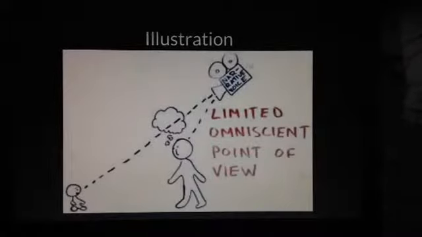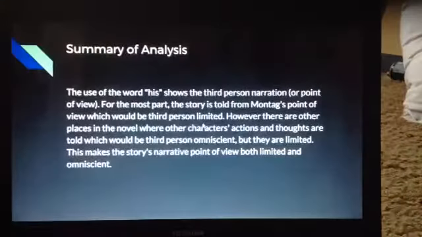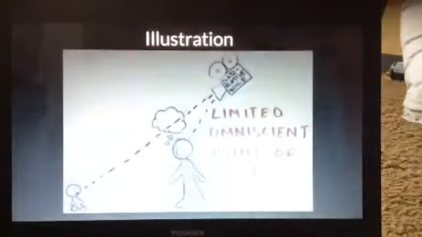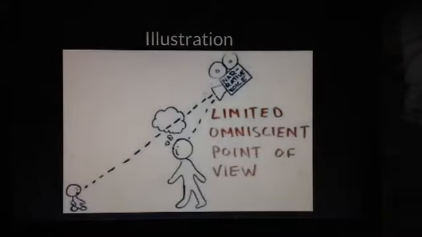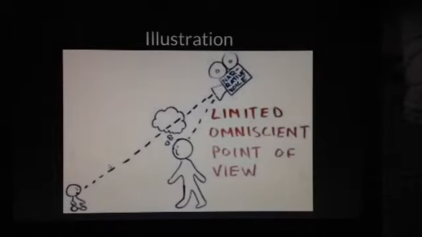So here in this illustration, this camera represents the narrator, and in some parts of the story, he only has knowledge of the thoughts and feelings of the main character or protagonist, which would be Montag in this book, while in other parts of the story, the narrator has limited knowledge of the thoughts and feelings of all the other characters as well. So that's an illustration to give a better understanding of third-person limited omniscient.